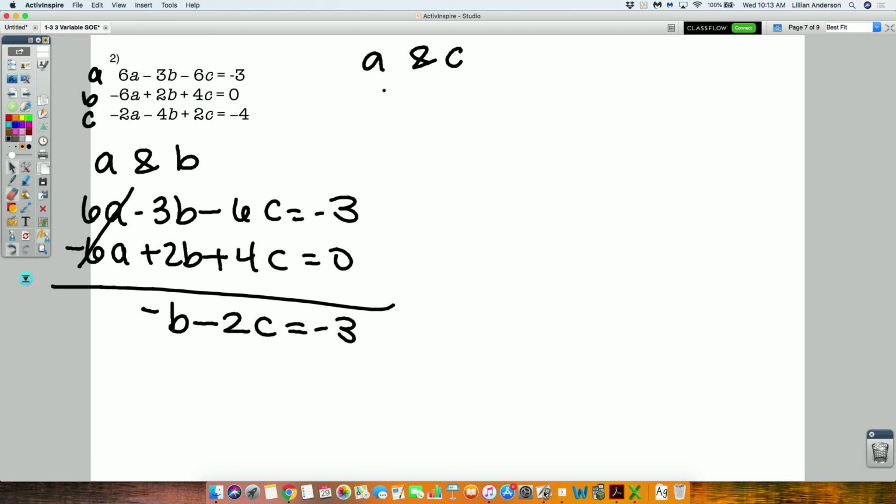Now for A and C, this third equation, in order for my A's to cancel out, I have to multiply it by what? I have to multiply it by 3.